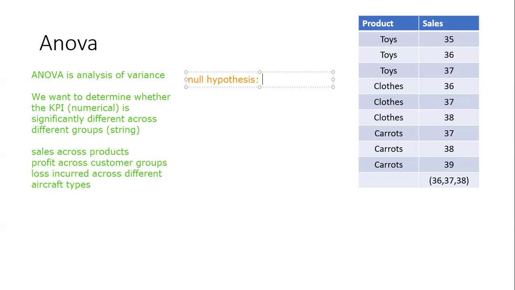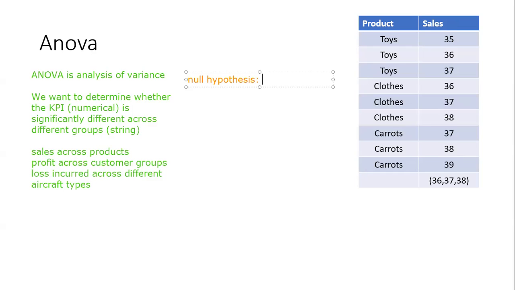I also compute the F statistic. So whenever you compute ANOVA in Python, it will give you the F statistic. For the T test, it will give you the T statistic. The F statistic has a formula based on the variance of the sales across the different groups. So you compute the variance. That is why it is called analysis of variance. But that is outside the scope of this course.